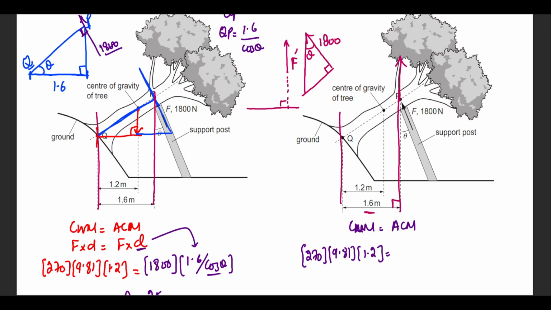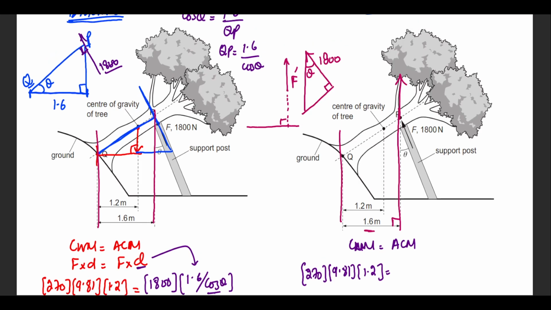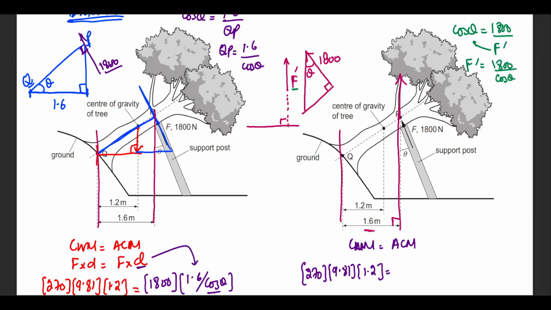So the way to look at this would be to again apply trigonometric ratios, because I'm trying to find out the hypotenuse. This would be cosine of theta equals 1800 divided by F dash. So since I'm trying to find the F dash, this will be taken to the side. This becomes F dash equals 1800 divided by cosine of theta.